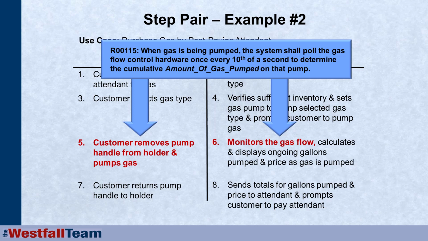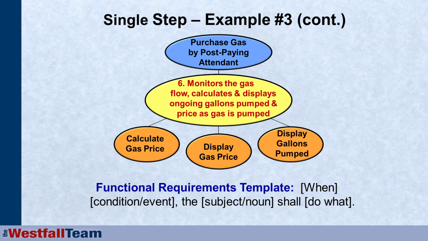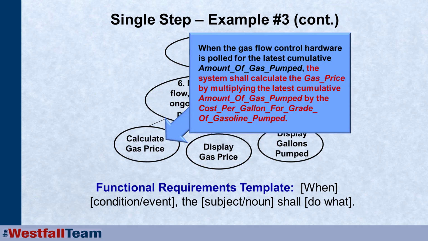So to expand on that and look at the rest of the response, we're going to display the gallons pumped, and we're going to use that same template over again. For the first one, when the gas flow control hardware is polled for the latest cumulative amount of gas pumped, then the system shall calculate the gas price by multiplying the latest cumulative amount of gas pumped by the cost per gallon for the grade of gasoline being pumped.